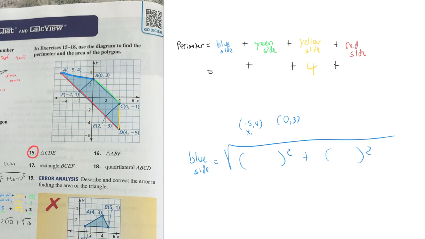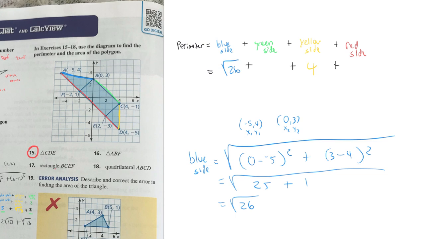We'll call this one x1, y1. We'll call this x2, y2. So we're clearly looking at 0 minus -5, and we're looking at 3 minus 4. That is positive 5 squared, which is 25, plus -1 squared, which is 1. So we're looking at the square root of 26. And that is as far as you can go with that.